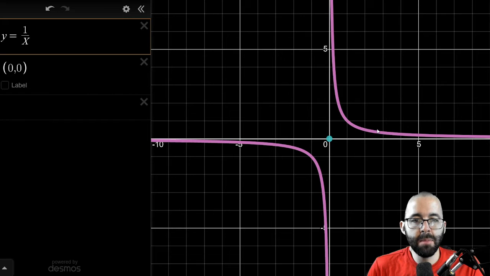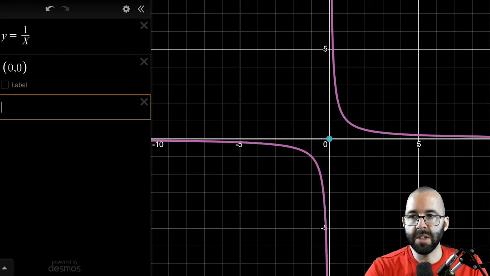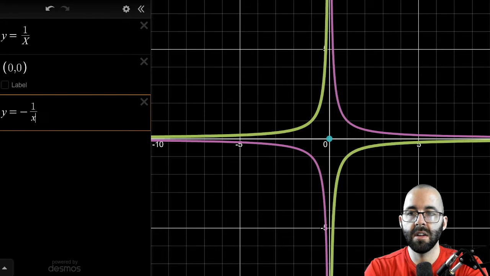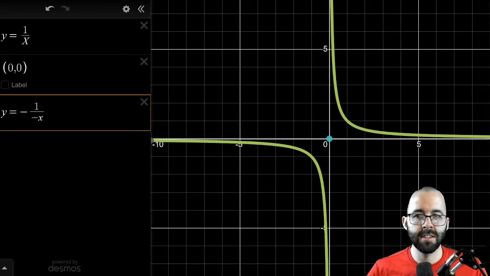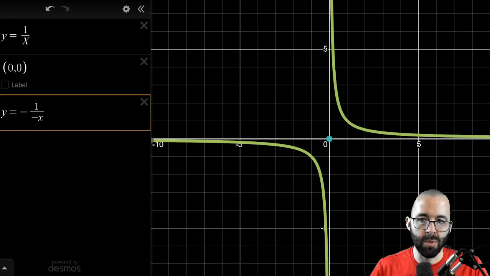Note, any point on this graph, if we go to the opposite side of the blue point, is still on this graph. Or similarly, we'd use the same logic. If we reflect it one way and then reflect it the other way, if we reflect it both ways, we get the same graph.